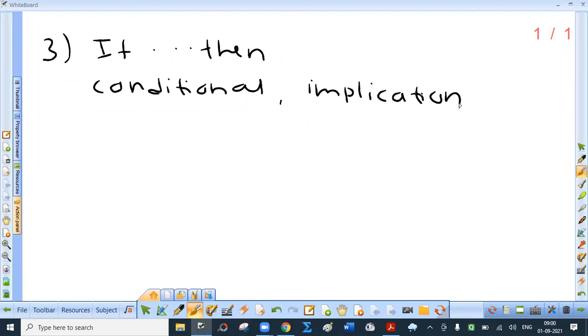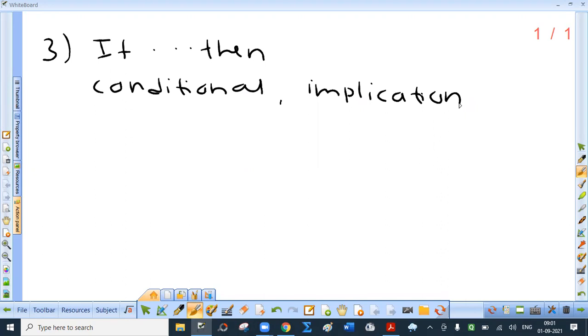This is very interesting, right? A compound statement formed by combining two given simple statements by the connective phrase if then is called the conditional or implication of the two given statements.